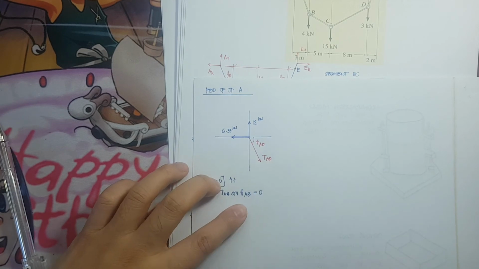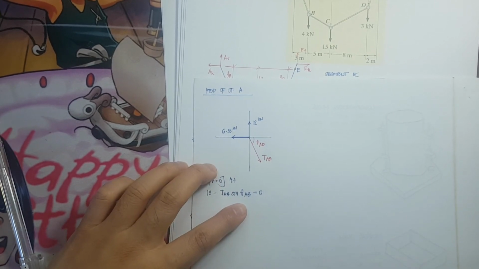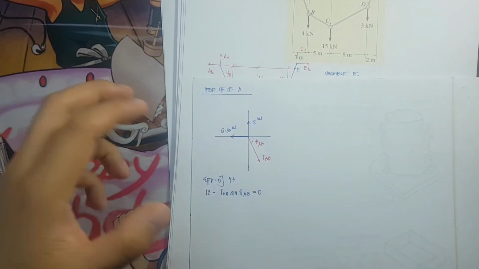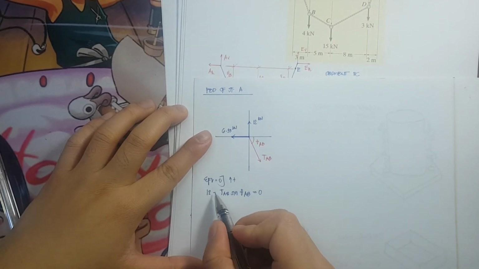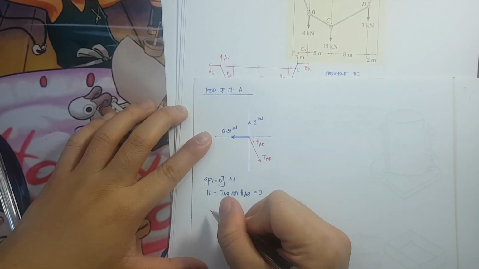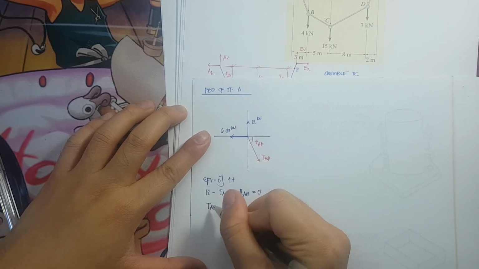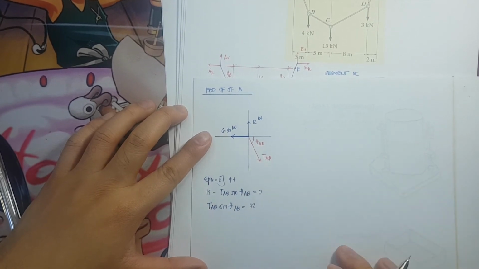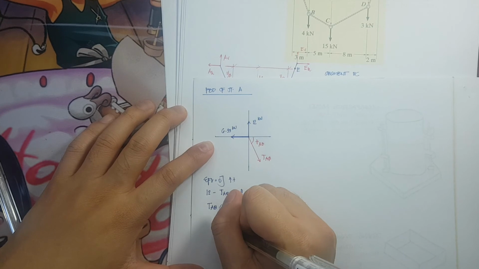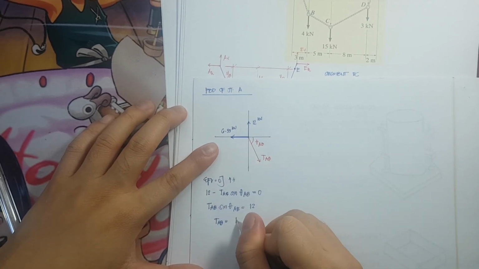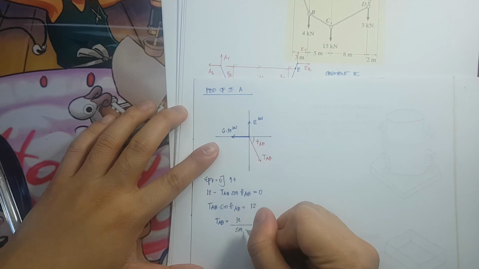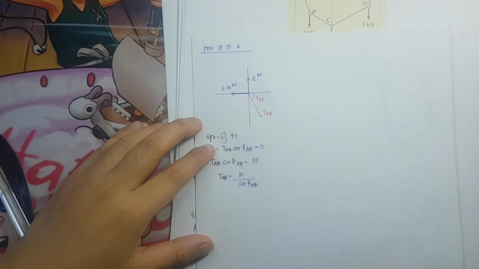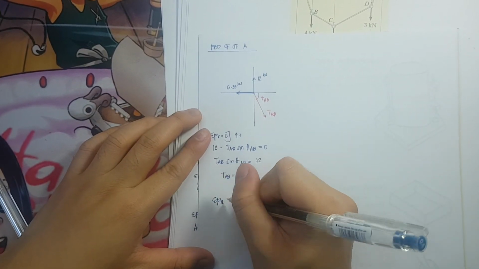So I'll be looking here for theta in terms of TAB or opposite. Cross multiply this to the other side of the equation to make it positive. So we have TAB sine theta AB is equivalent to 12. So TAB is equivalent to 12 over sine theta AB. Next, summation of forces horizontal is equivalent to 0.